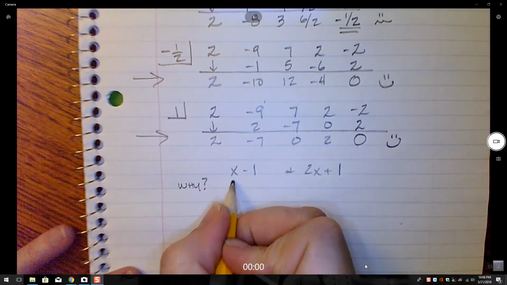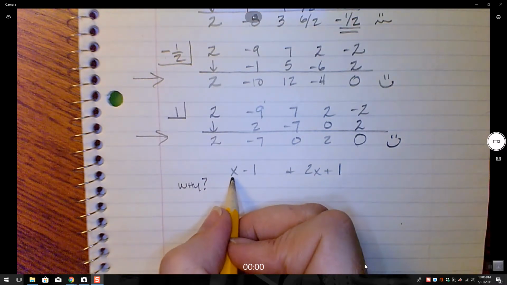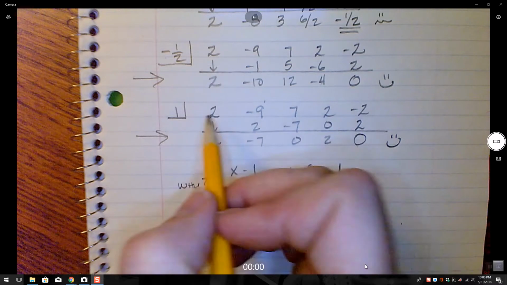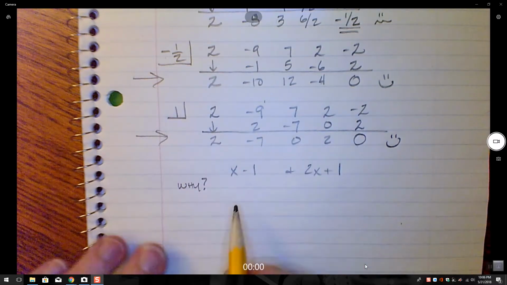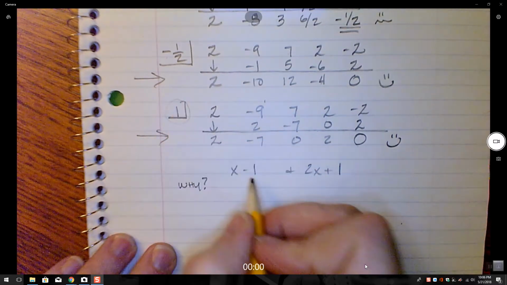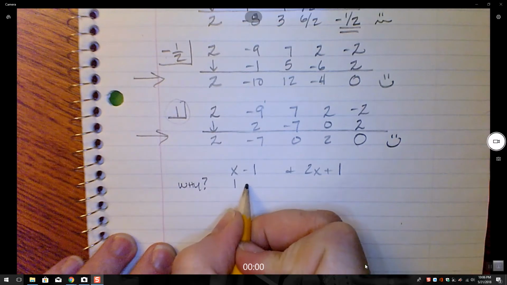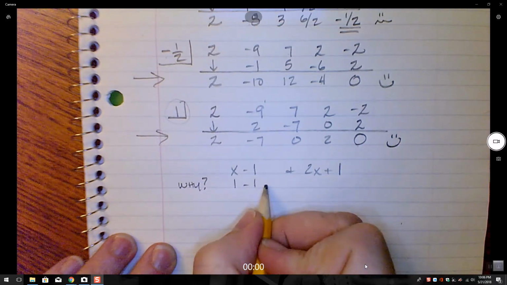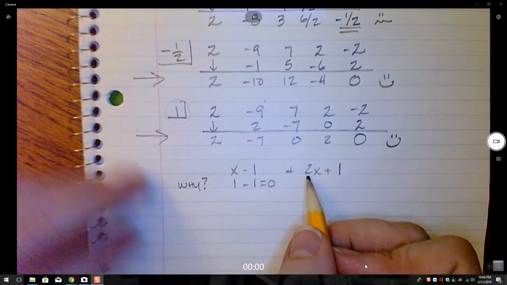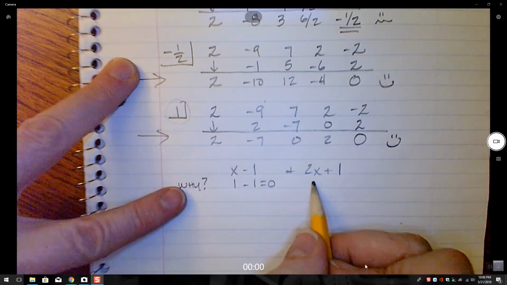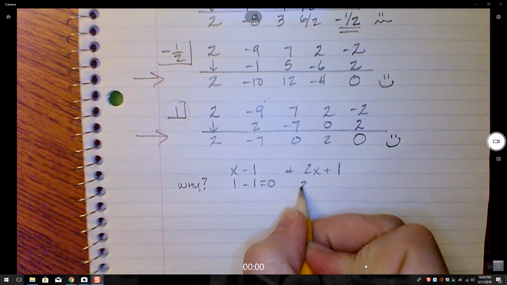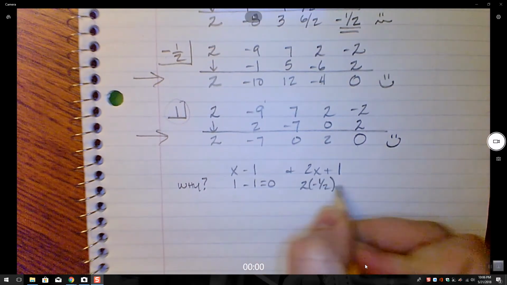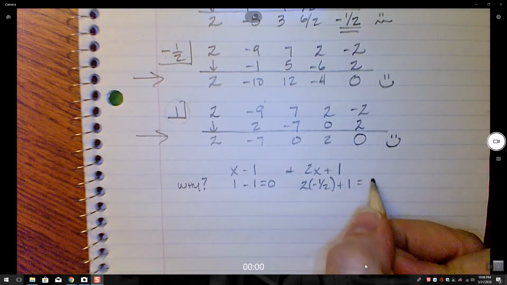Because if we put our 1 in for x in x minus 1, we're going to get 0. If we put our negative 1/2 in for x here, 2 times negative 1/2 plus 1 equals 0.